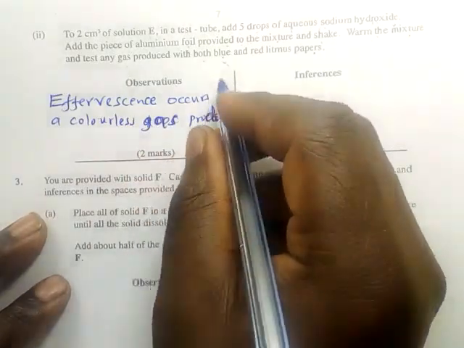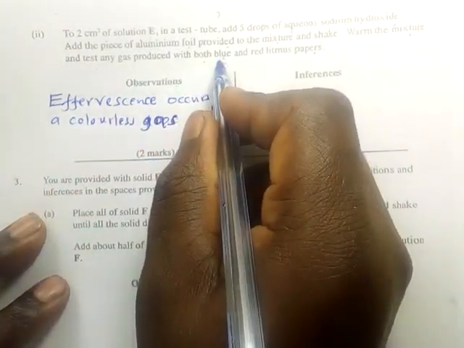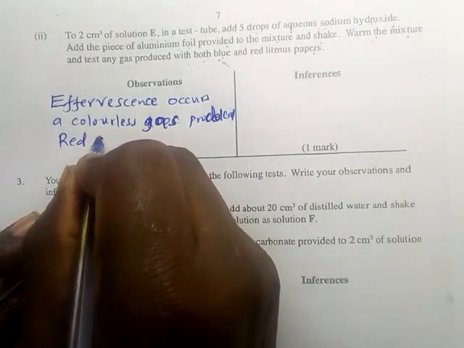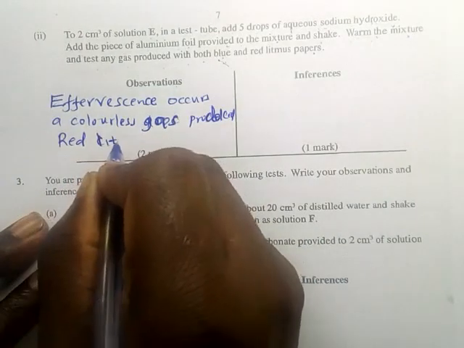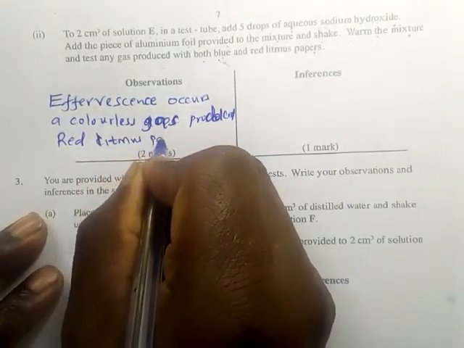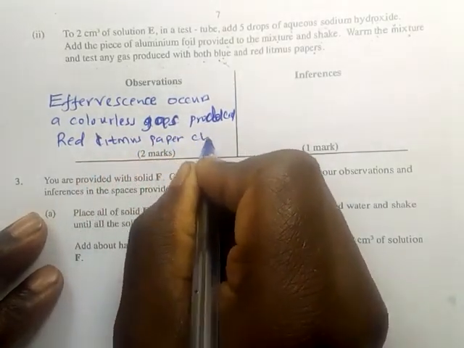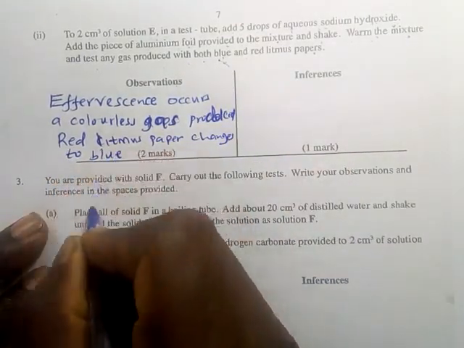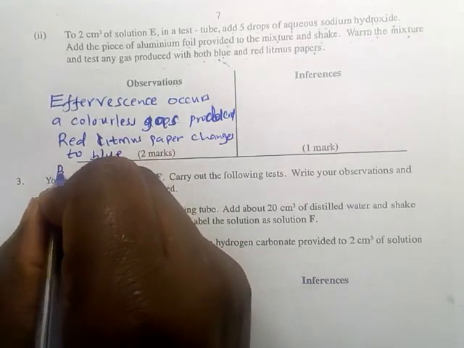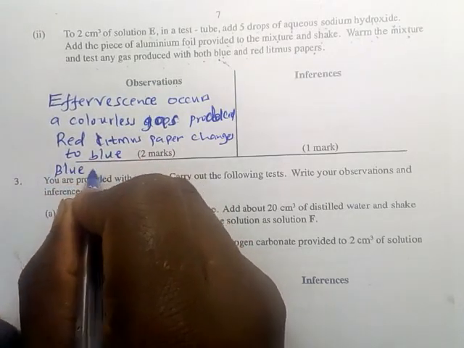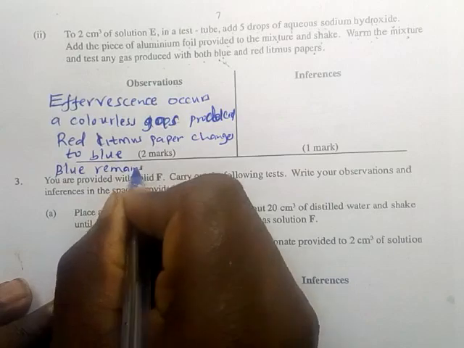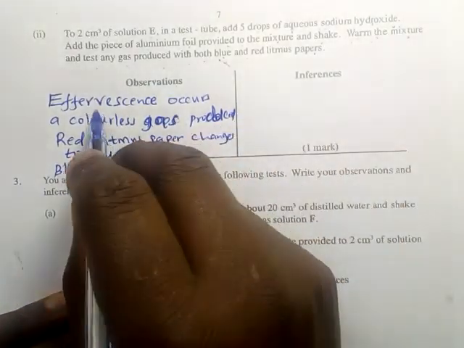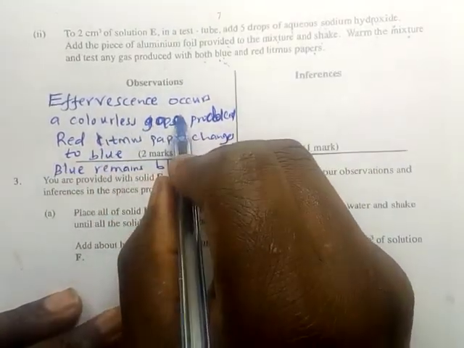And then what would happen to the litmus paper? Red litmus paper changes to blue, and blue remains blue. So if effervescence occurs, a colorless gas is produced.